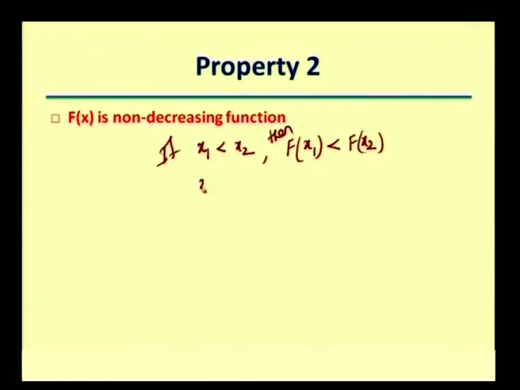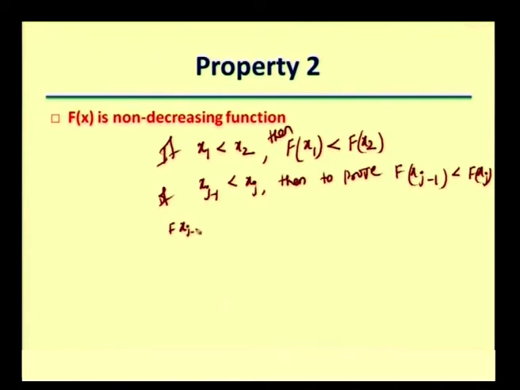In general, I will take x_{j-1} less than x_j, then prove F(x_{j-1}) is less than or equal to F(x_j). First of all, what does F(x_{j-1}) stand for? F(x_{j-1}) is nothing but P(X ≤ x_{j-1}).